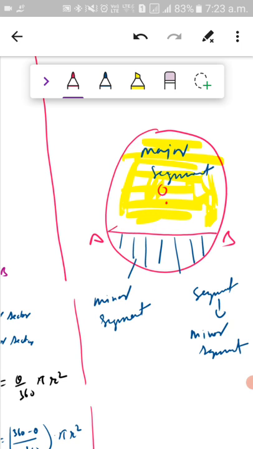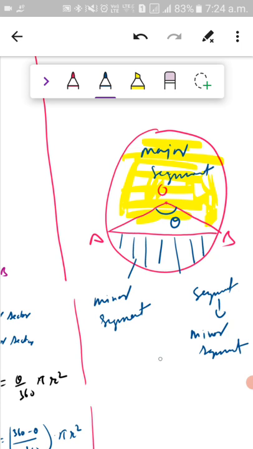Now let me join the radii OA and OB, and here let us say the angle is theta.